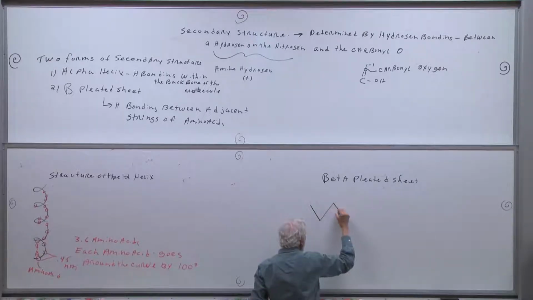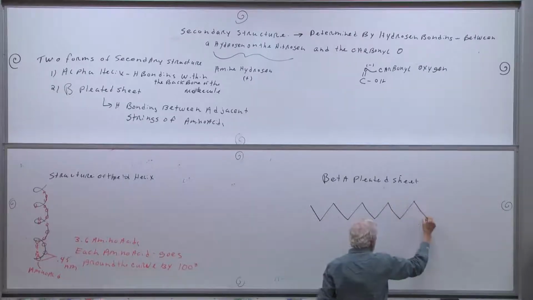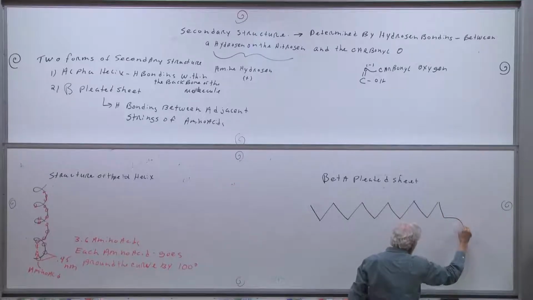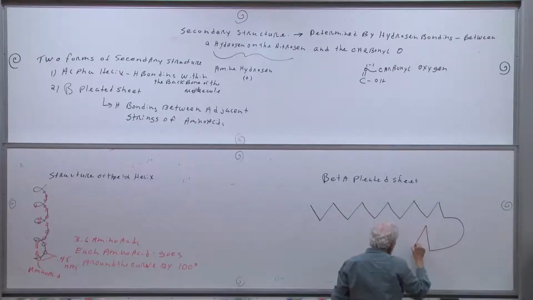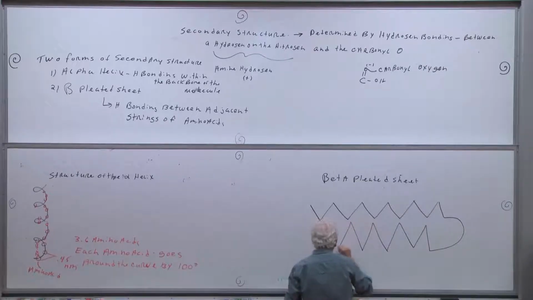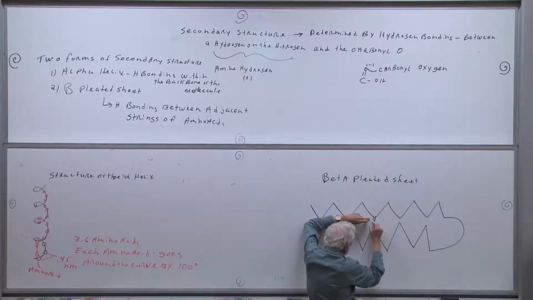The beta-pleated sheet, the amino acid sequence, is thrown into these sort of zigzag patterns. And then someplace out here there's a kink, and then we get the zigzag pattern back again. And it's at these peaks where we begin to see an oxygen to a hydrogen bonding.